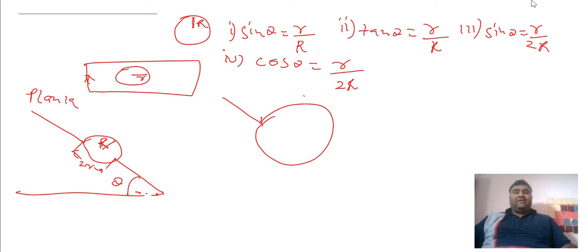I made a big sphere so that you could understand the concept of theta. Now this is actually theta, and this is the radius of the hole, which I will keep as small r.